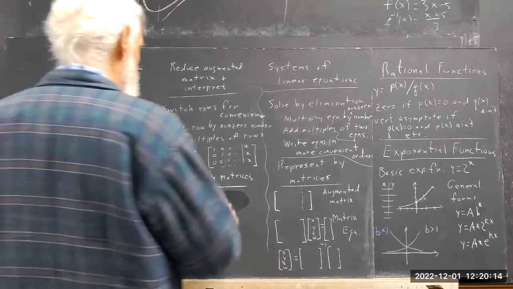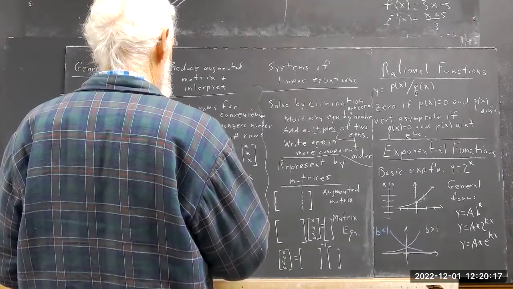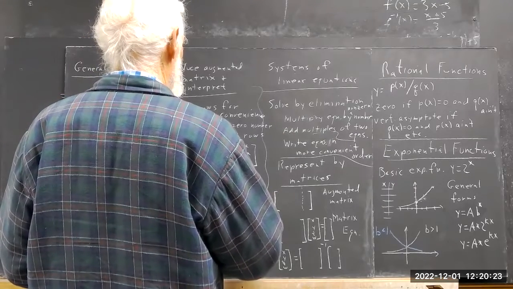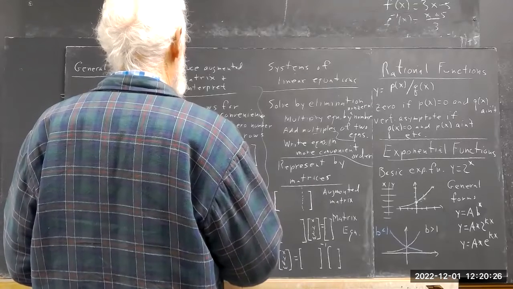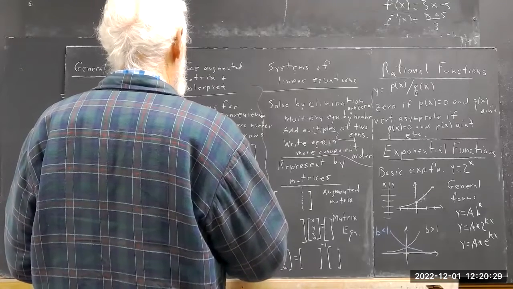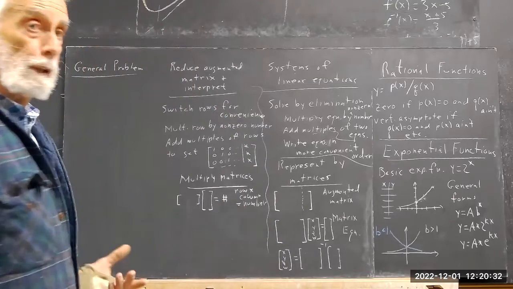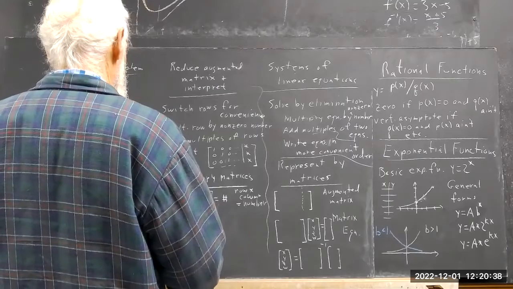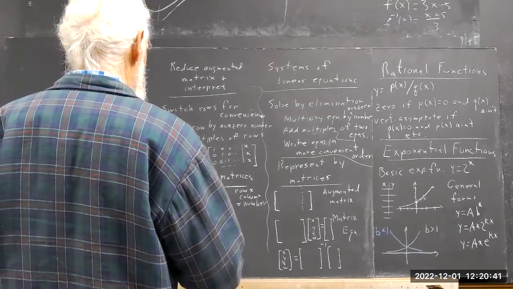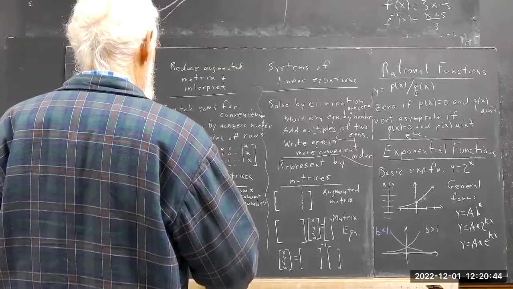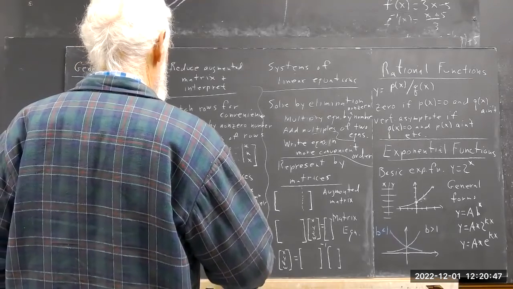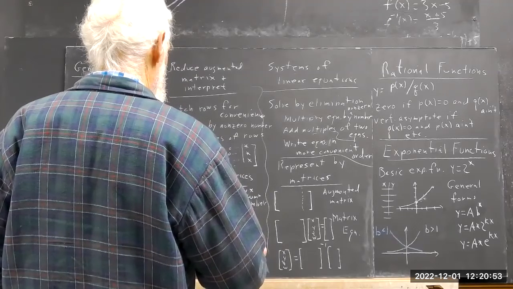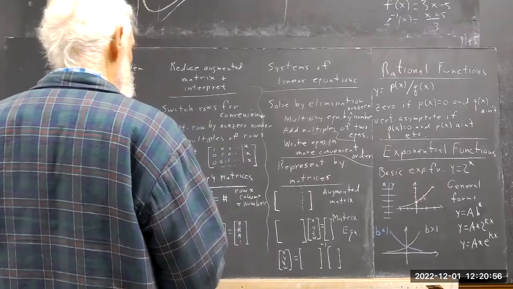Okay. A row times a column gives you a number.